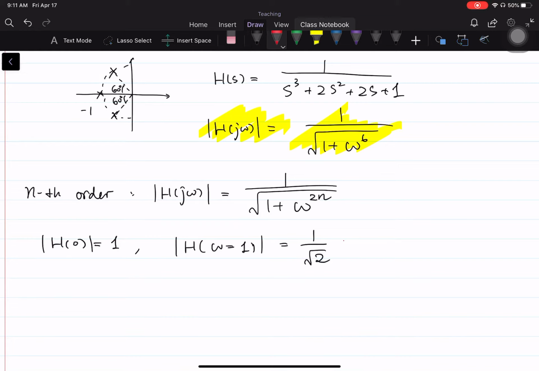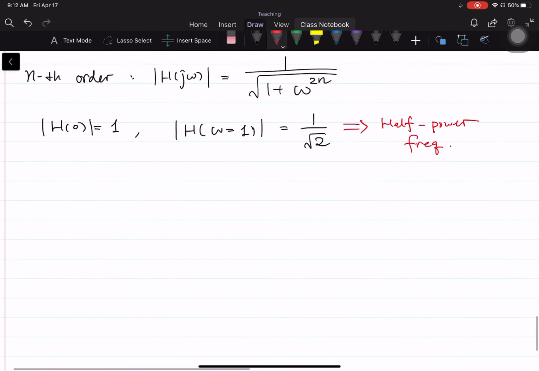This is our half power frequency. Because if here you square this magnitude of H, you have exactly 1/2. And that's the modulation of the power of the signals from input to the output of the filter. So that means for a normalized Butterworth filter, no matter which order it is, the DC gain will be the same. The half power frequency is the same at omega equal to 1.